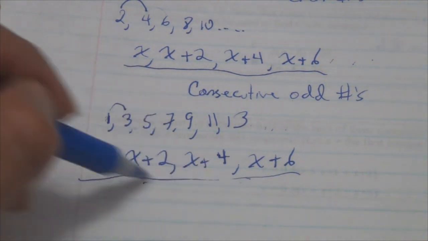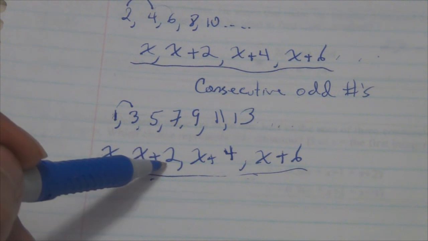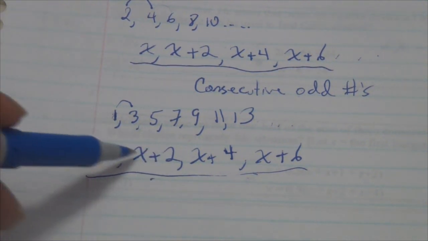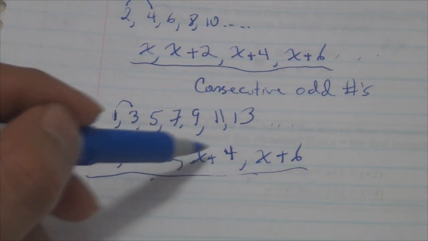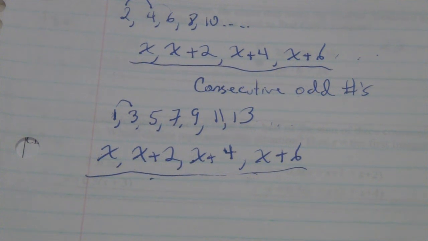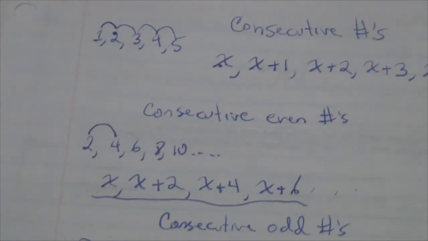Look, 1, 1 plus 2 is 3, 1 plus 4 is 5, 1 plus 6 is 7. So they are odd numbers. Okay? Cool?